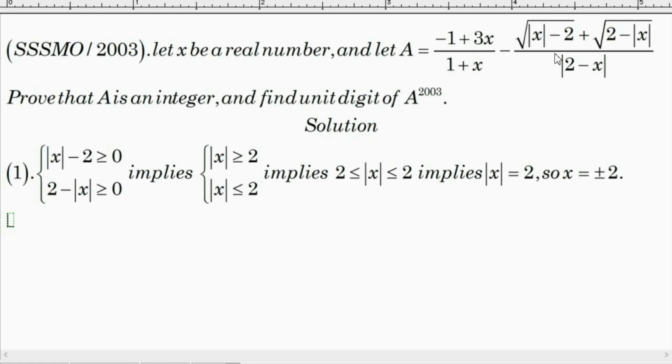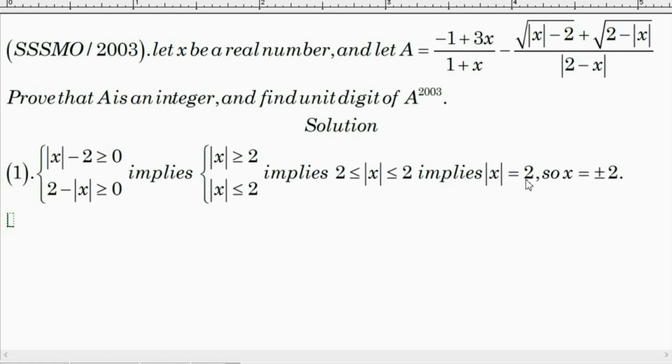We have the number under the square root must be greater or equal to 0. So it implies that the absolute value of x must be greater or equal to 2, and here it implies that the absolute value of x is less or equal to 2, and that implies that the absolute value of x must be equal to 2.